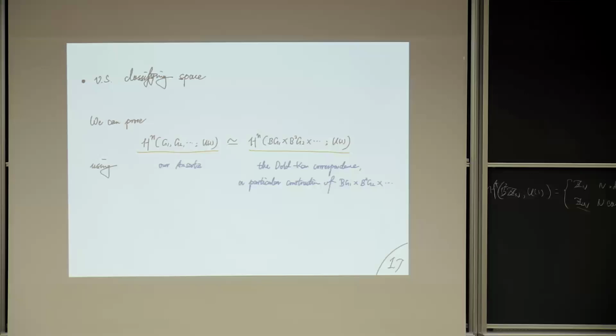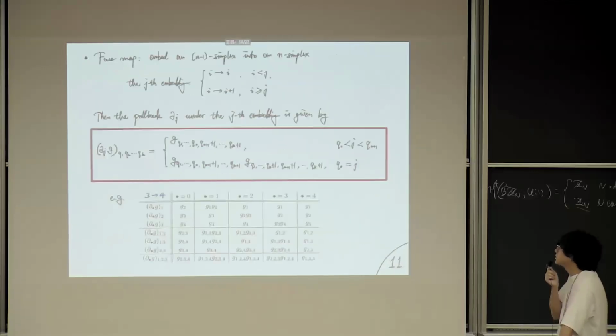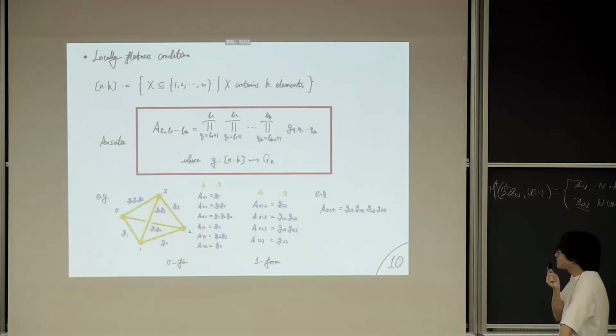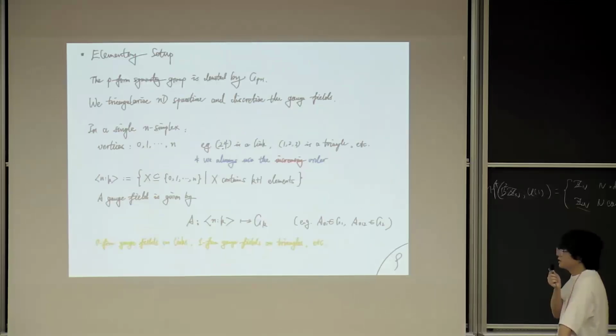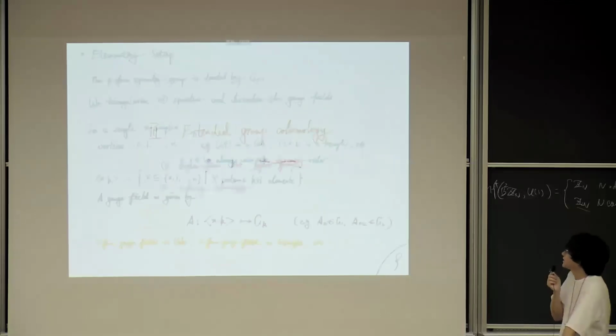To extend this observation to a non-trivial higher group structure, at which step do we have to change your strategy? The key point is the local flatness condition. This was already pointed out by the very first paper, I think by Kapustin and perhaps Lyon. I'm sorry, I forgot the details.